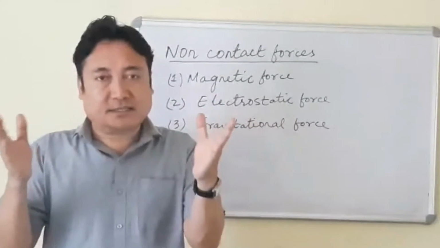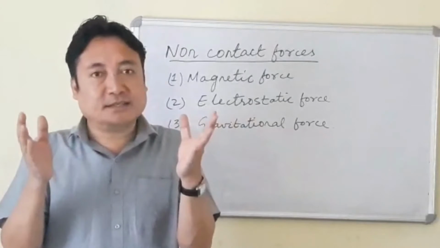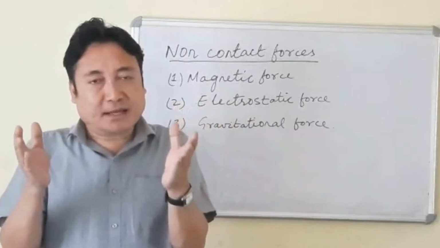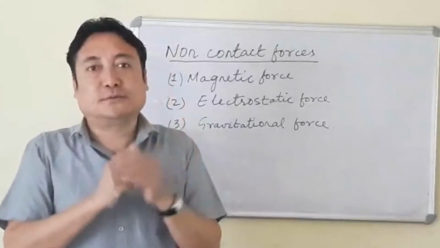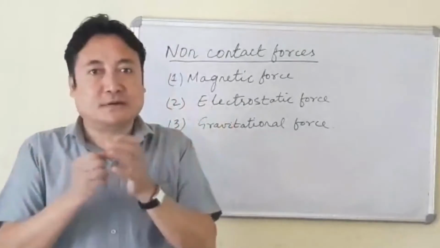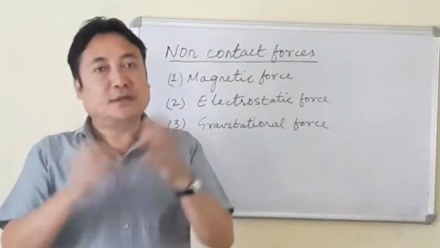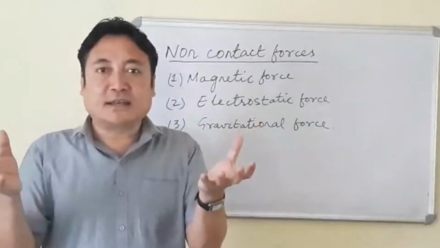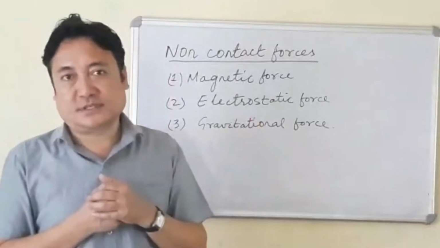You keep it at a certain distance, a certain separation, and the iron nails will automatically get attracted towards the magnet. That means the magnet and the iron need not come in contact. Even when kept at a certain distance, the iron gets attracted by the magnet. So this is the non-contact force.